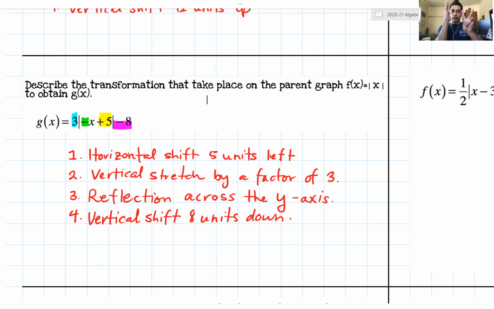Then I have a stretch, which just causes the V to get more narrow. And then I have a reflection across this y-axis right here. So it reflects my V and it lands on this side now. And then I would just shift 8 units down. So you see the horizontal shift moved me this way first, and then the reflection eventually brought me back to the opposite side.